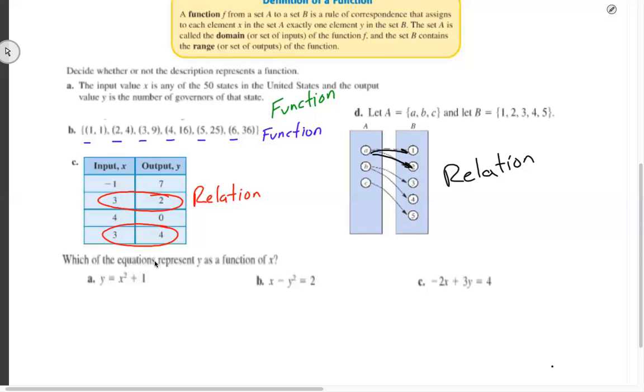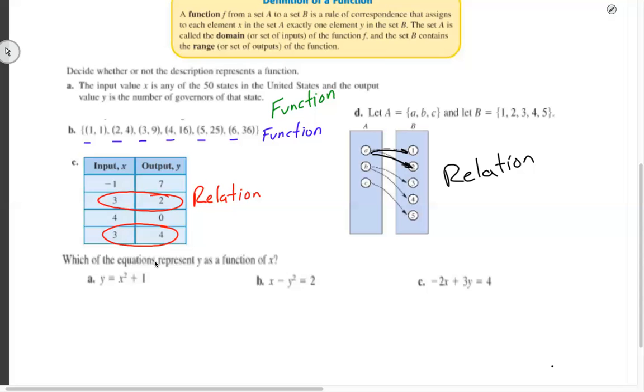So when you're looking at a physical mapping here in math, you're looking for 2 lines coming out of the same number. When you're looking at a table, Chris, you're looking at your input, your x values, to see if any of those numbers repeat. Same thing with ordered pairs. Do you see that? These 2 things are exactly the same.